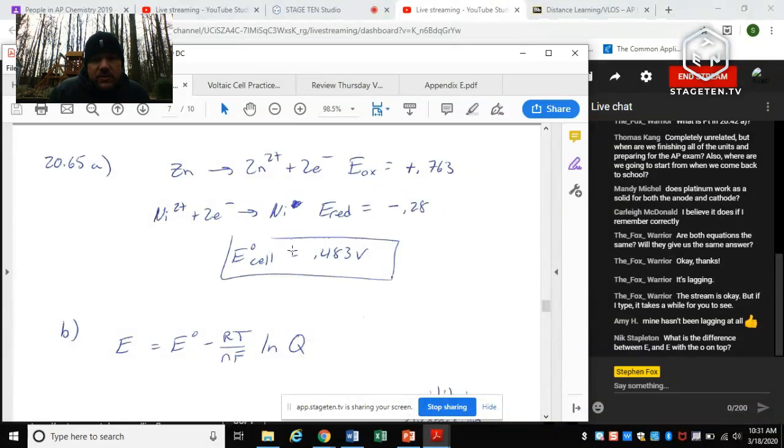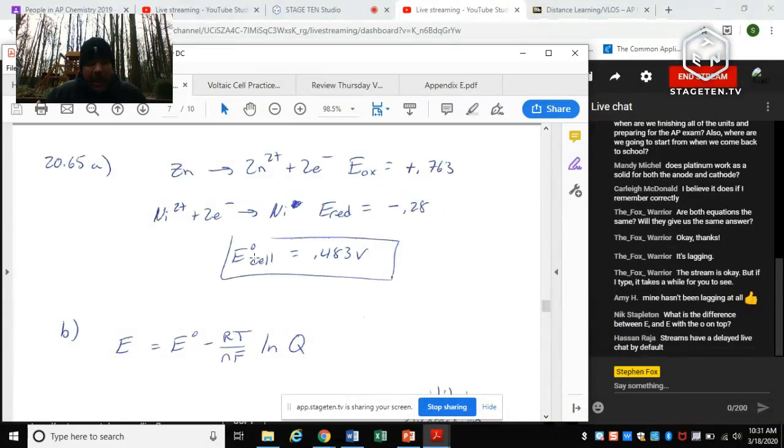What this voltage represents is the voltage if I constructed my battery under standard conditions, so the solutions were 1 molar and I was running the battery at 298 Kelvin. This E, without the degree sign, is the potential at any conditions.